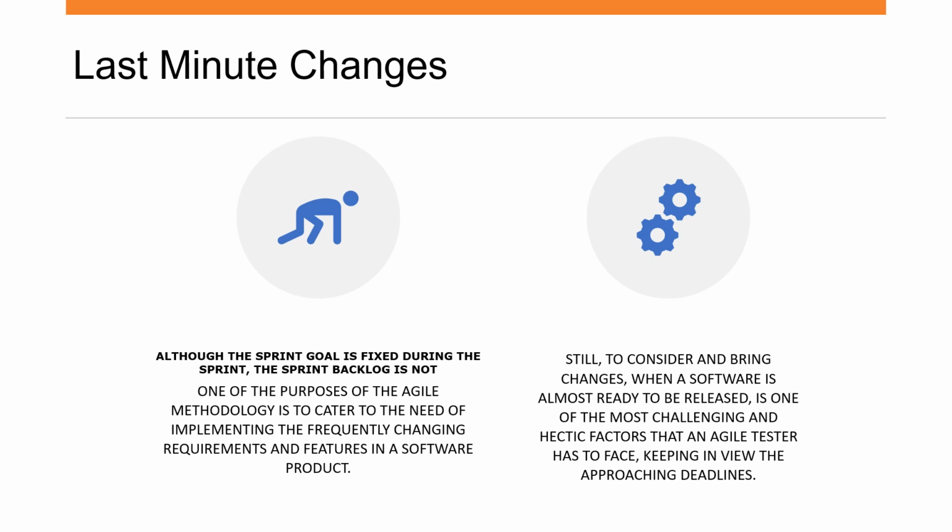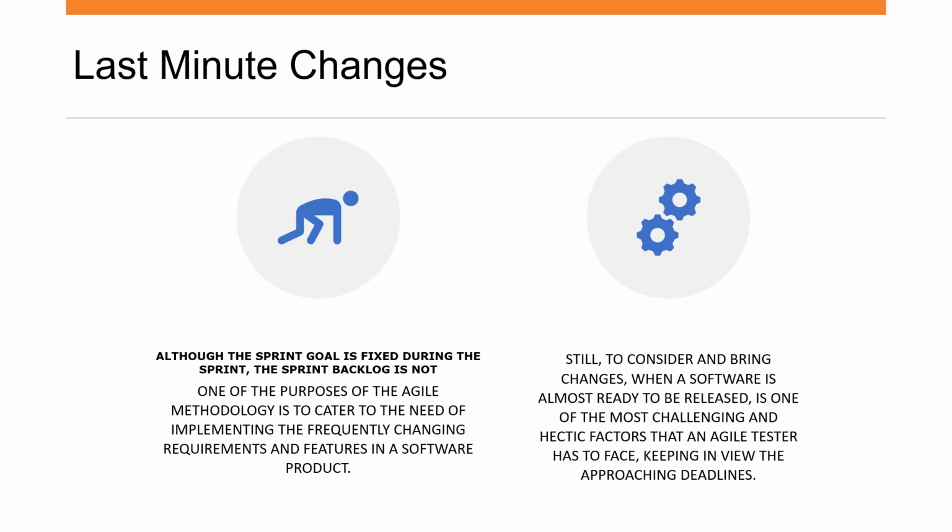Like we mentioned, one of the purposes of the agile methodology is to cater to the need of implementing frequently changing requirements and features in the software product. To consider and bring changes when software is almost ready to be released is one of the most challenging things.